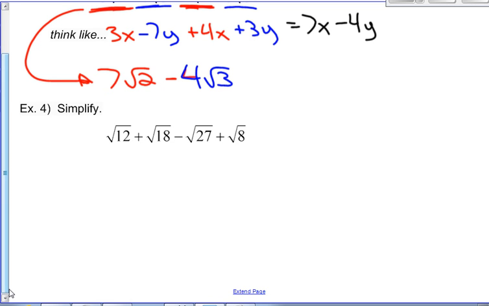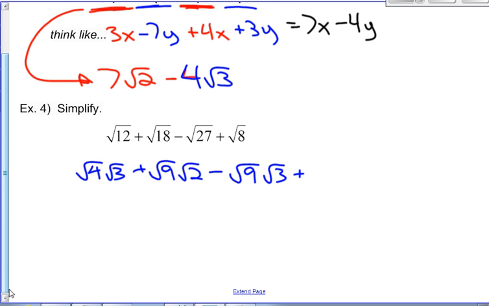This would be another kind of classic question. If you want to simplify root 12 plus root 18 minus root 27 plus root 8. Well, first of all, each of these need to be put in mixed radical form. So root 12 is root 4 times root 3. This would be root 9 times root 2. Root 27 is root 9 times root 3. And root 8 is root 4 times root 2.